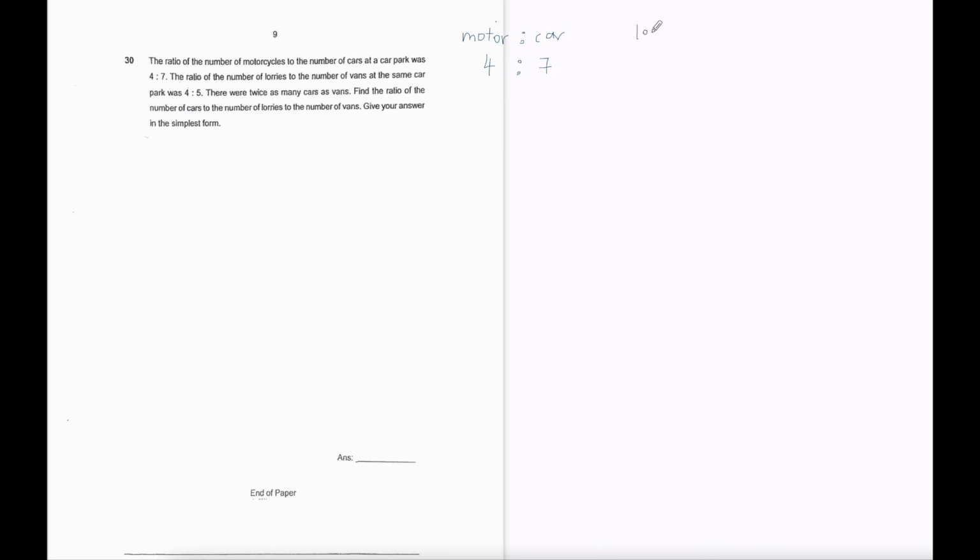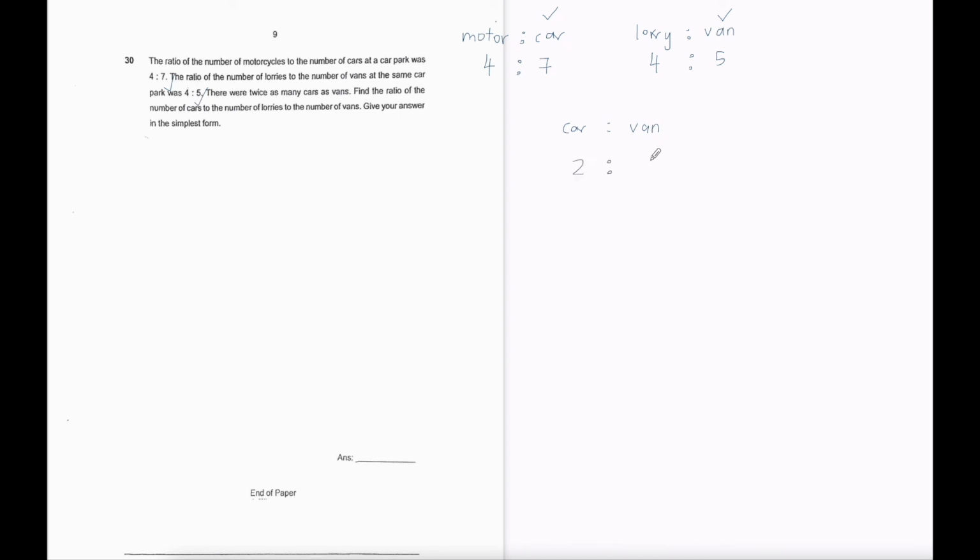So lorry is to van, it is 4:5. So let's continue. So this part done, this part done. There were twice as many cars as vans. So cars versus vans, cars has 2 units and van has 1 unit. So let me just put it here. Car is to van, it should be 2:1.